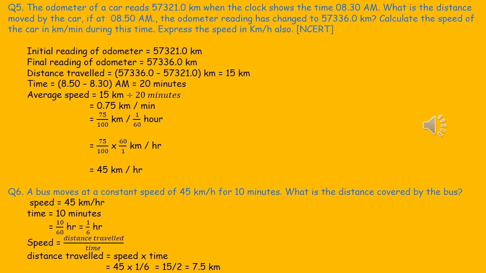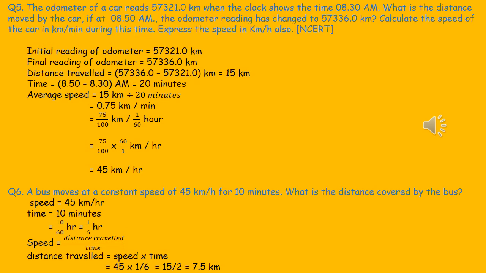So initial reading of the odometer is equal to 57,321 and final reading is 57,336. So distance travelled will be 57,336 minus 57,321, that is 15 kilometer. And the time duration is 8:50 minus 8:30 am, that is 20 minutes.